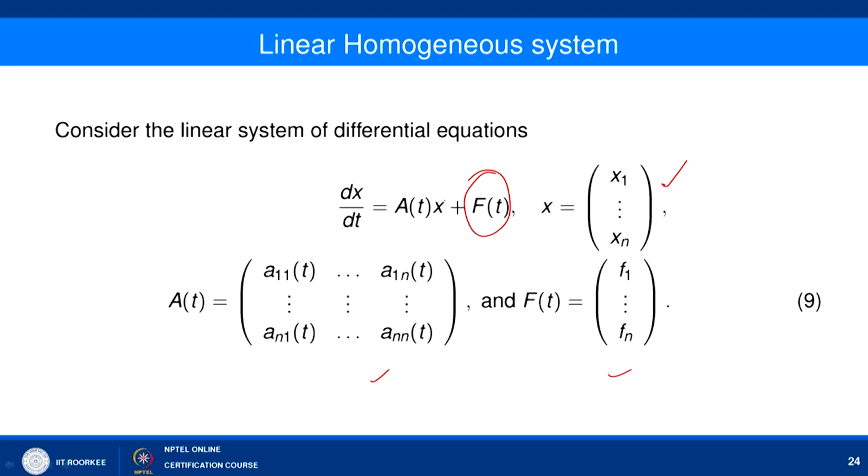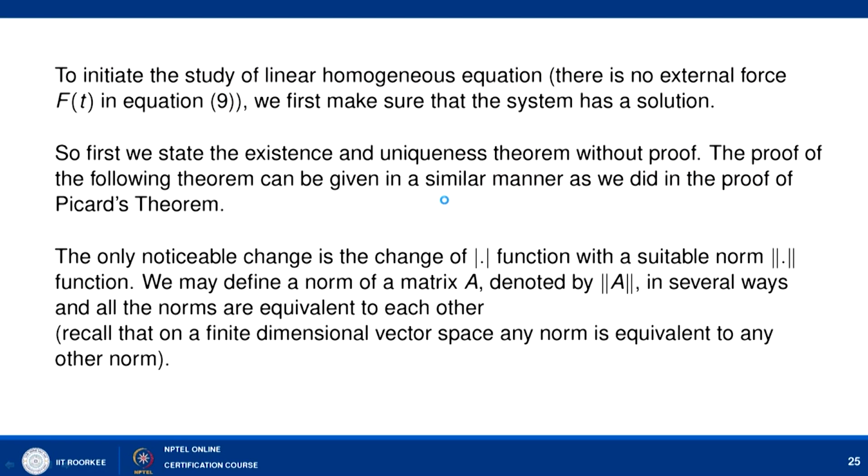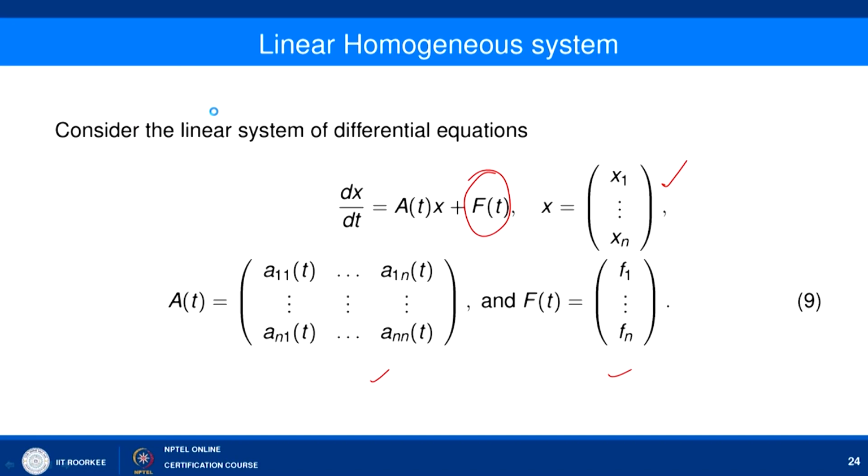In this slide we are assuming that f(t) is identically the zero function, that is there is no external force f(t) in equation 9, for all t belonging to the interval I.